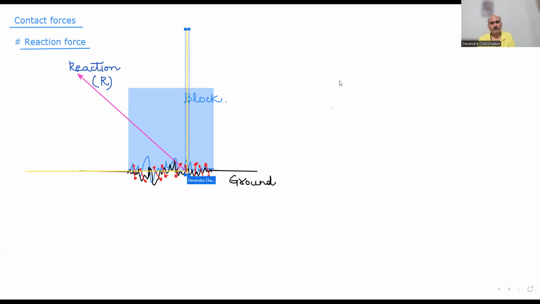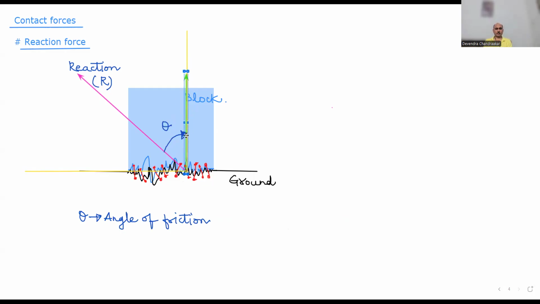The angle which this reaction force makes with the vertical is called the angle of friction. And this green vector is the component of R along the vertical direction. This is called the normal reaction.